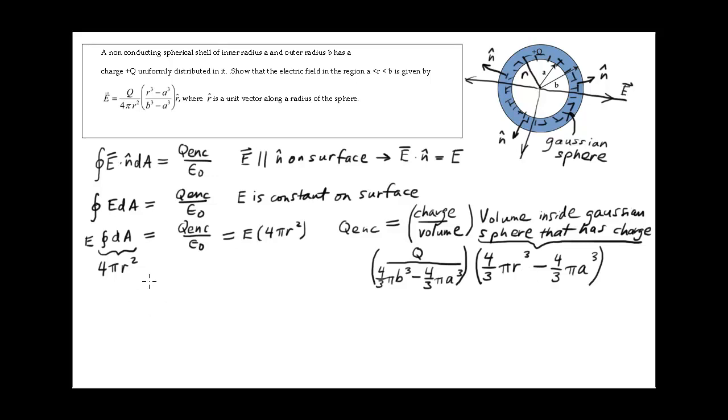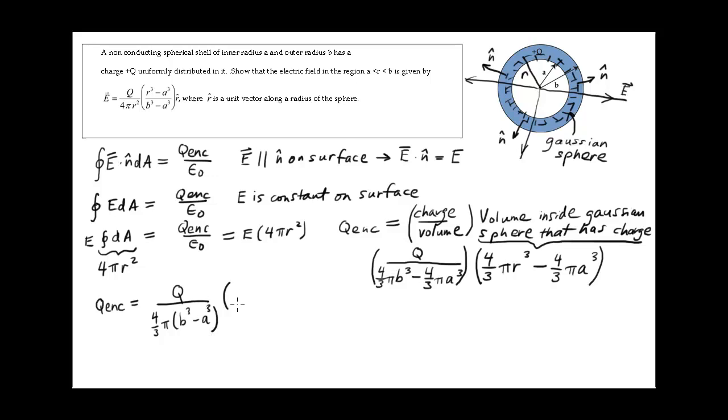So we'll finish off in just a minute. We have E times 4 pi r squared equals Q enclosed over epsilon 0. Now I can simplify what I have here. It's Q over 4/3 pi times b cubed minus a cubed. That's the first term.